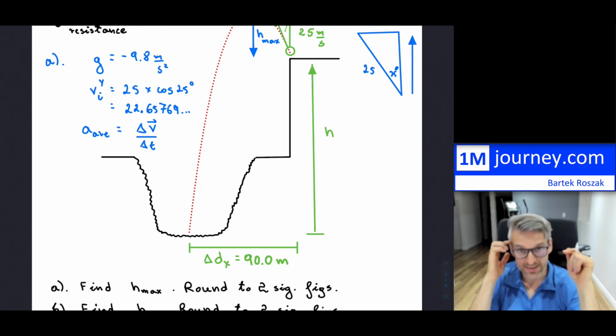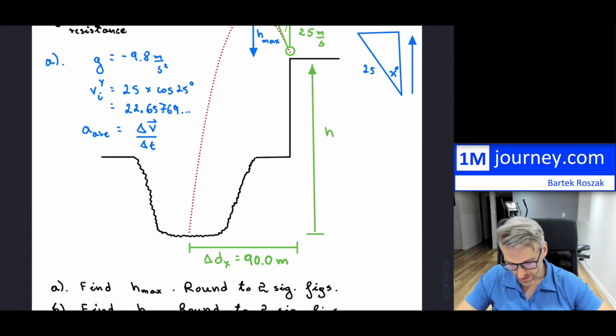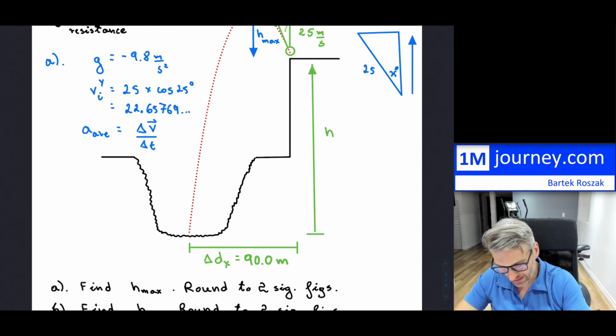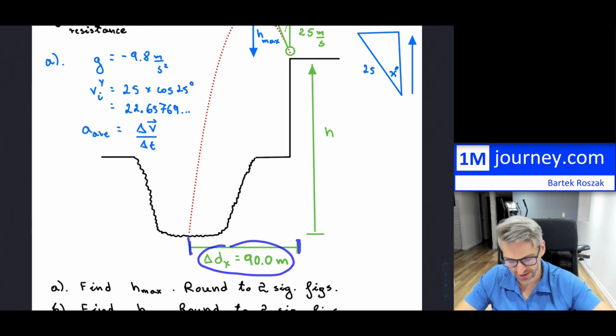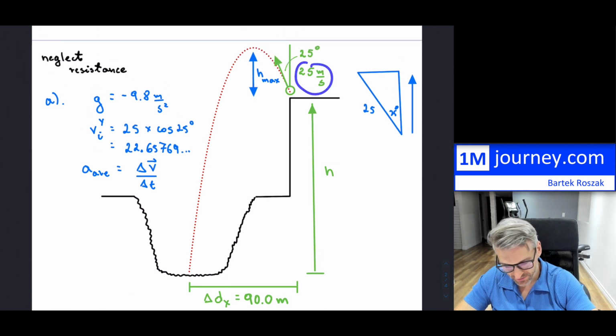Now, we know that it has gone up 26 meters high. So now the question is, if I know the distance horizontally that this has traveled, which is 90 meters, now I know what it has been launched at.